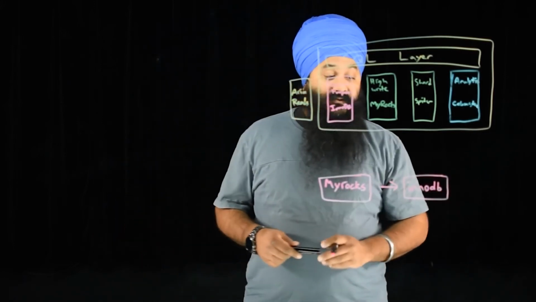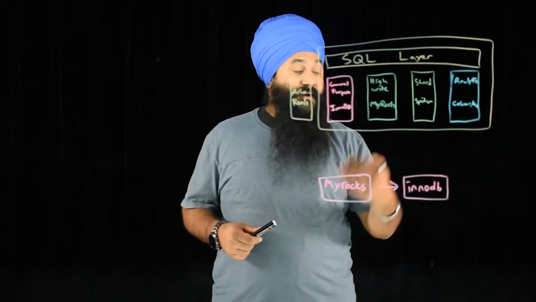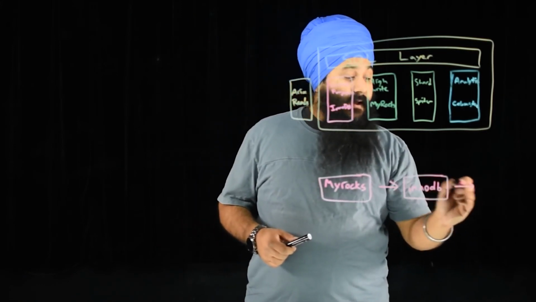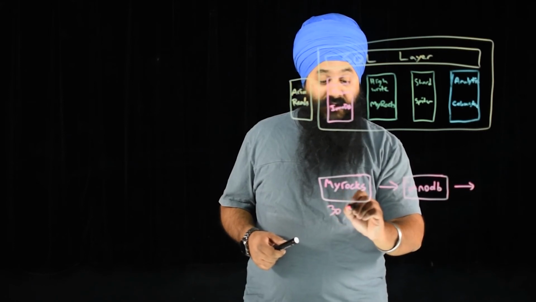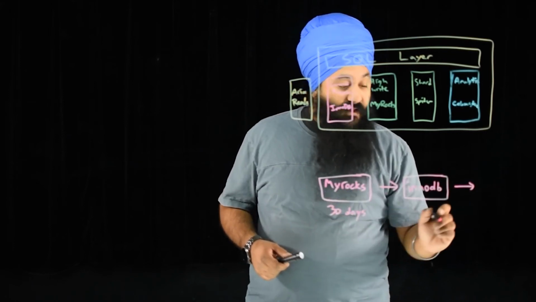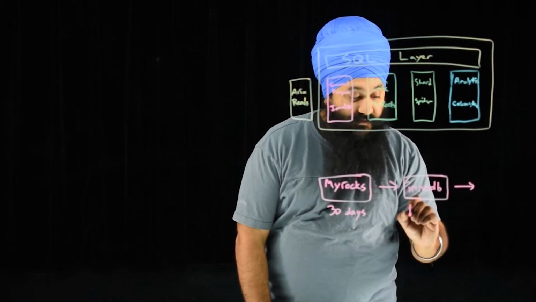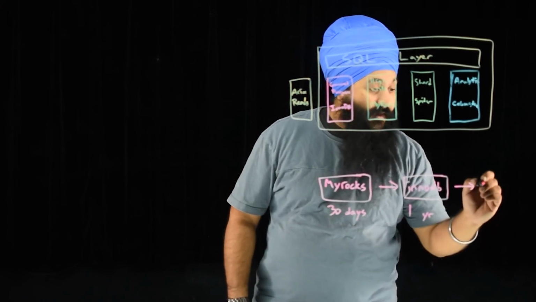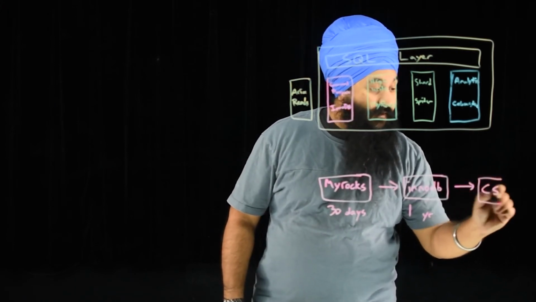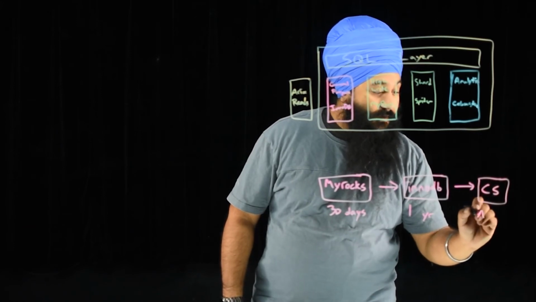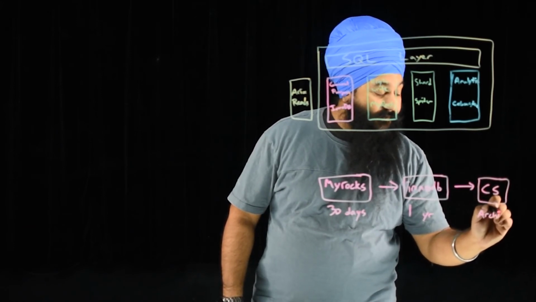InnoDB being that general purpose, you can run more queries against it, and then you could store 30 days in MyRocks, let's say, with maybe up to a year in InnoDB, and then you could have ColumnStore for your long-term archive and analytics.